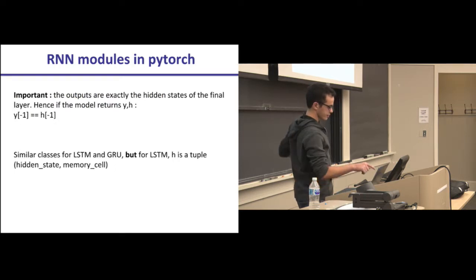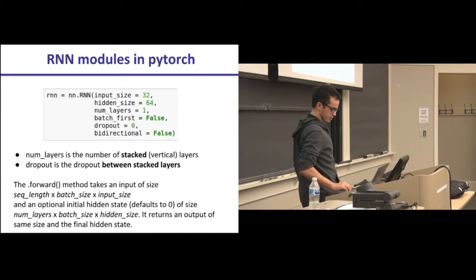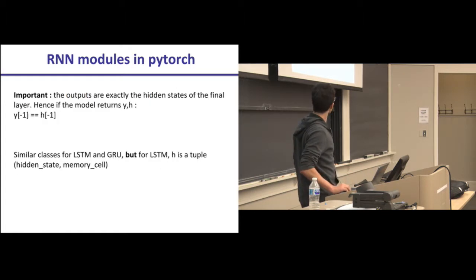So in terms of this RNN module, if it returns the outputs y and the hidden state h, actually y at the last index, so at the last time step, is equal to h at the last layer. The -1 is because the hidden state has as many entries as you have layers in your network, so it's h -1 too. Is that clear for everyone?